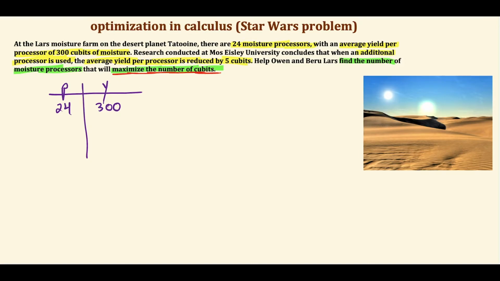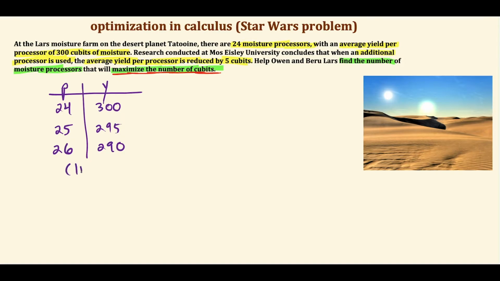But then we were told that every time an additional processor is used, so let's say that I have 25 processors, the average yield is reduced by 5. So this brings it down to 295. So now if I have 25 processors, I'm going to get 295 cubits of moisture for each processor. And if I went one more to 26, this would bring the average yield down to 290 cubits per processor.